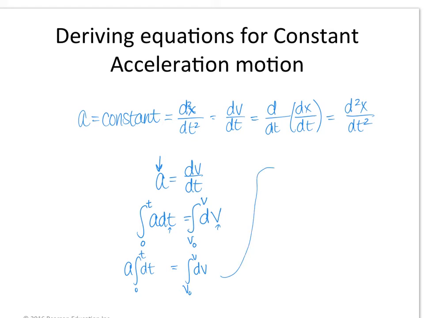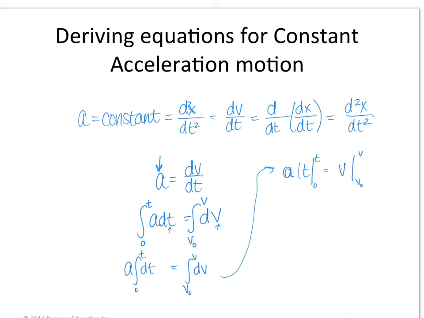Now I'm going to go up here just to save some room. When I integrate dt, I get time, and it's going to go from 0 to t. Those are my limits. When I integrate dv, I just get v, which is going to go from v naught to v.